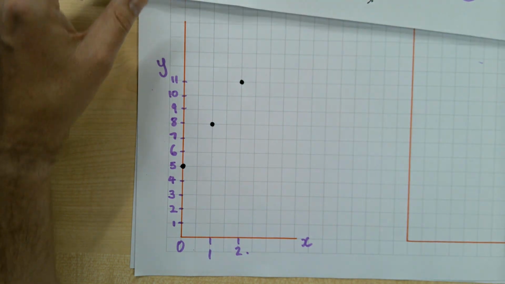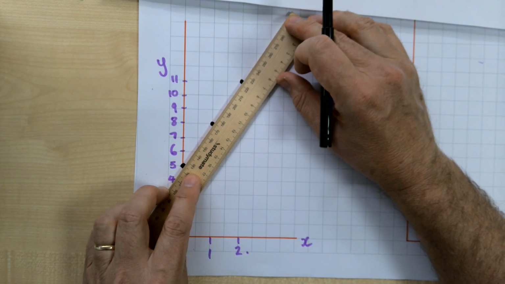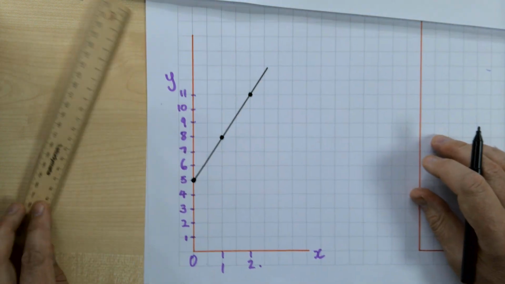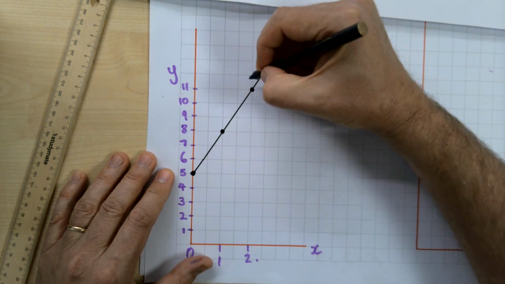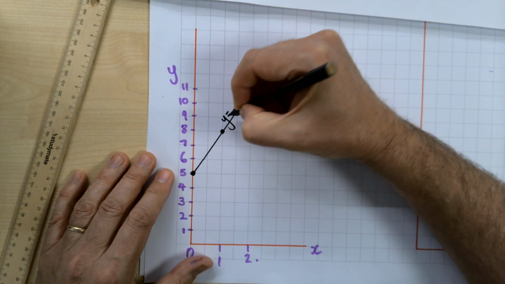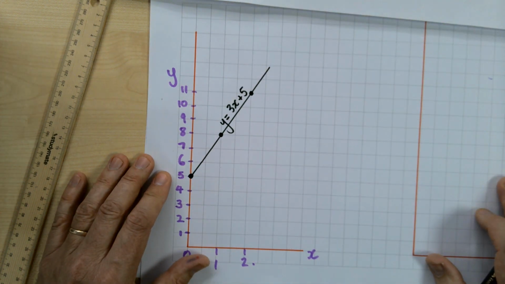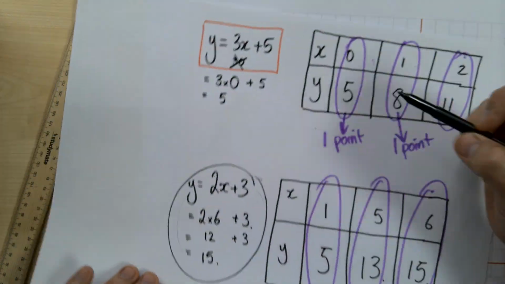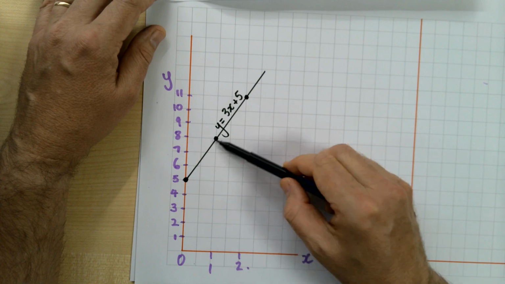So there's my 3 points. Then, oh look at that, it forms a line. It's almost like it was meant to. Alright, that's my line, and to finally get the marks, you write on the line what the equation was. Okay, so that was the first one. So, that's our 3 points, and that's how they plot.